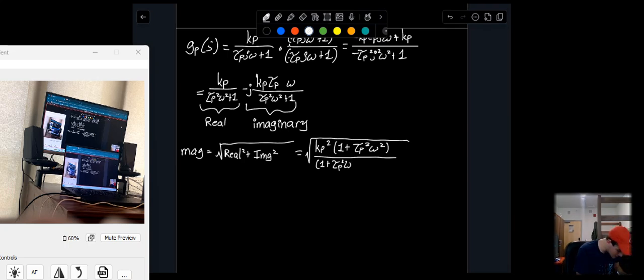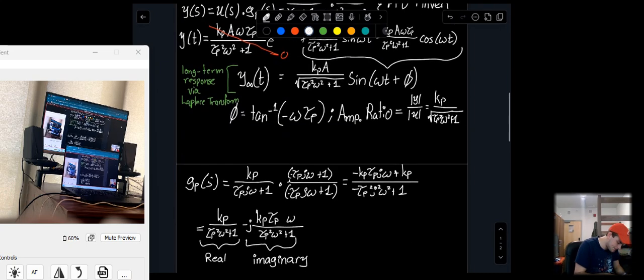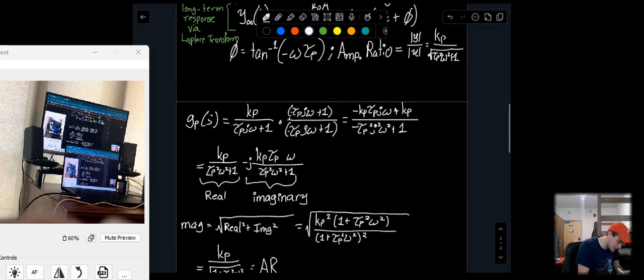Both of these should probably be squared, that quantity squared. If we go ahead and simplify that, what do we get? That should be kp over square root of 1 plus tau p squared omega squared, which is the amplitude ratio, right? It's exactly the same as this quantity here.